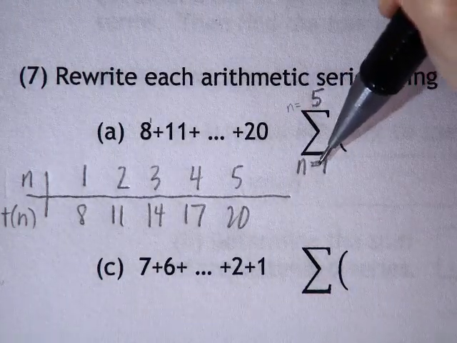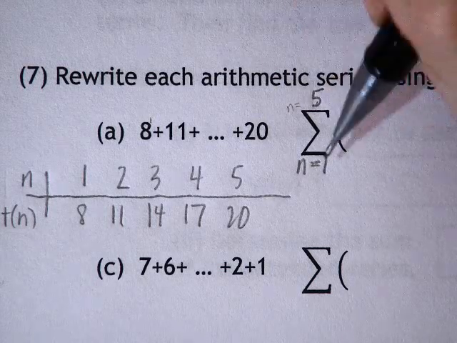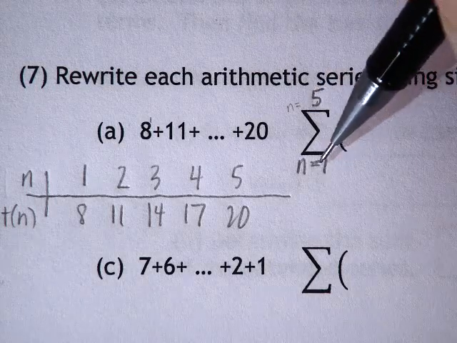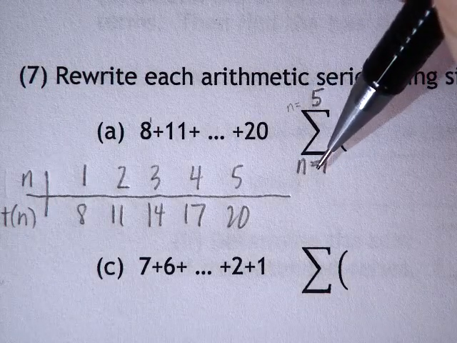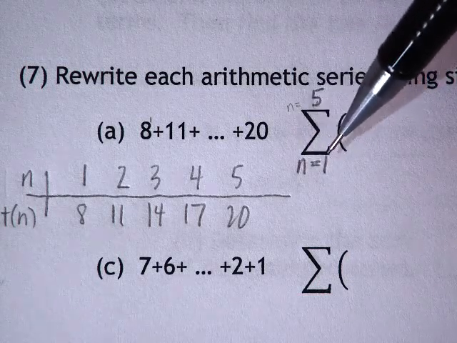If you want to be consistent, you could put n equals 1 at the bottom and n equals 5 at the top, or you can put n equals 1 at the bottom and just a 5 at the top. It is important to put the n equals at the bottom though, because technically you have to tell sigma what your variable is.